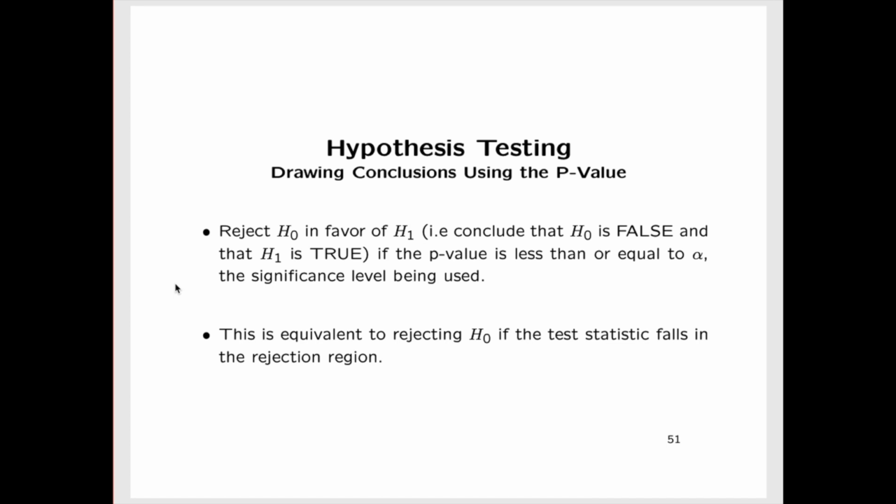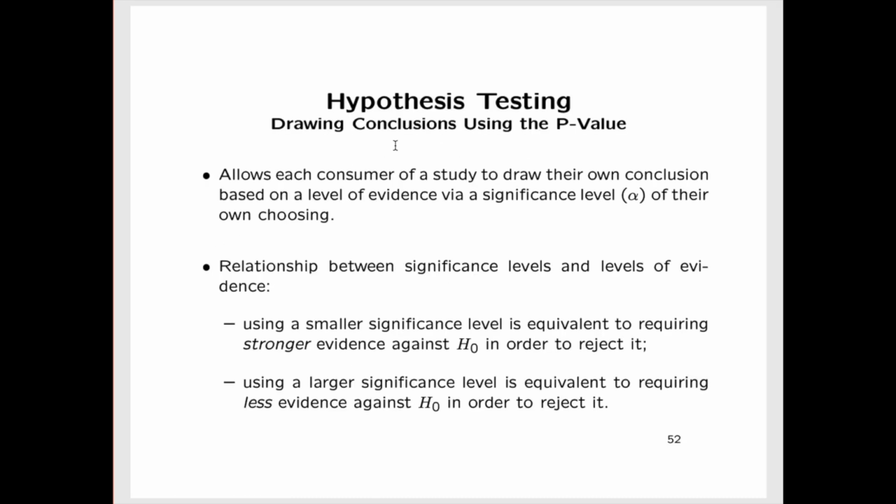And the reason is that if you use the test statistic and rejection region method, then the rejection region depends on whatever significance level you use. And so if you were to use that in an article, then everybody reading your article would have to use that same level of significance. On the other hand, if we use the p-value method, then people can choose their own significance level to evaluate the significance of the results. And so that's really the primary reason why the p-value is used.